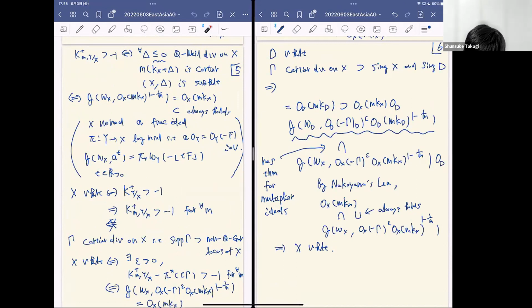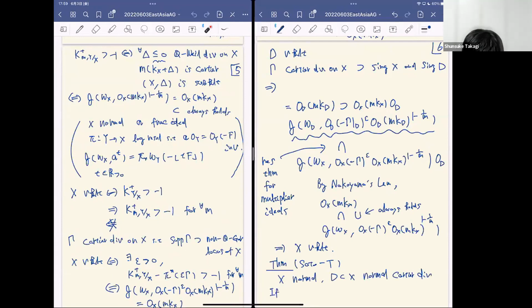Next, let me explain about the log canonical case. Again, let me assume X is normal and D is a normal Cartier divisor.